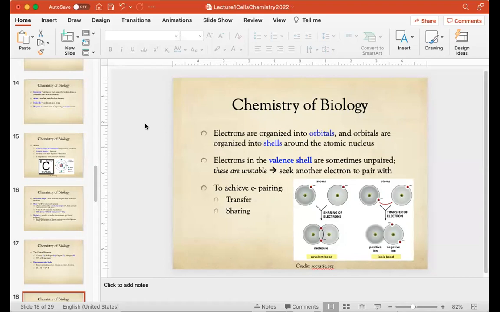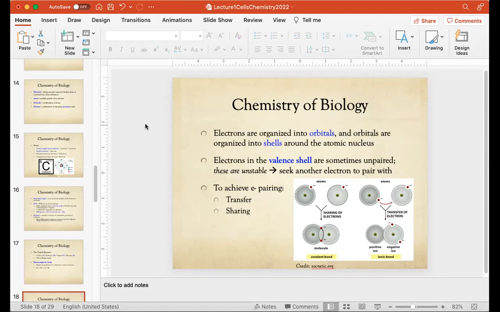Inside of an atom, the protons and the neutrons are clustered together in the atomic nucleus. The electrons are flying around the atomic nucleus in a cloud. Remember that we can make predictions about where those electrons are going to be at any one moment in time. Even though it might look as though the electrons are buzzing around randomly around the atomic nucleus, the truth is they spend most of their time in certain locations.